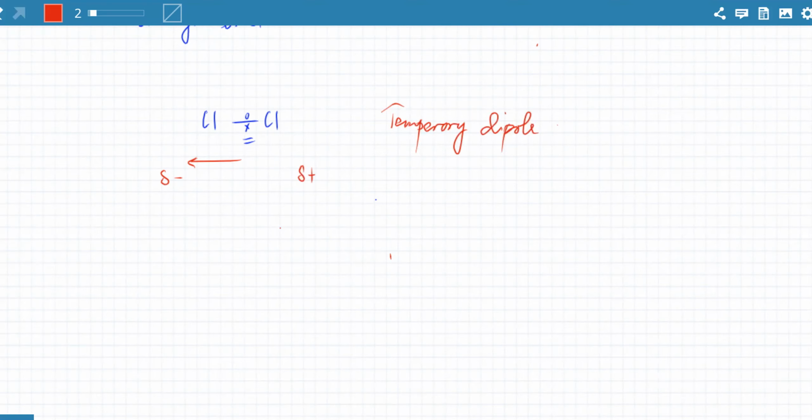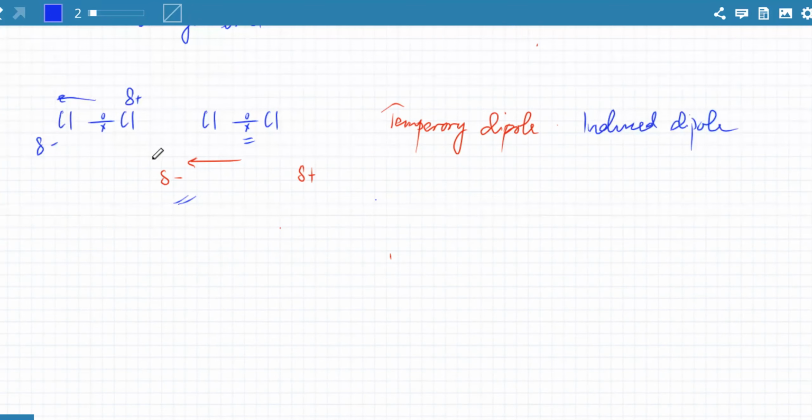Yes, sir. And these temporary dipoles would induce other dipoles. For example, you have a neighboring Cl2 molecule. Now, because this side became partial negative, the electrons over here are going to get repelled because of the negative charge over here. So this side would automatically become partial positive. This side would become partial negative. So that's known as your induced dipole. So I'm just going to repeat that.